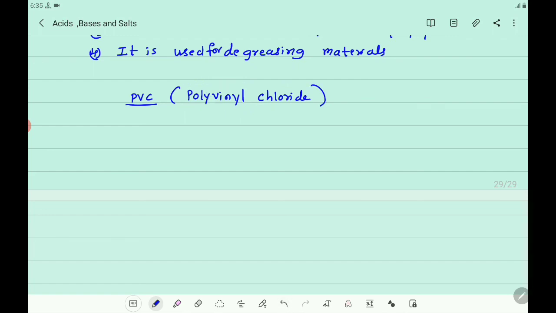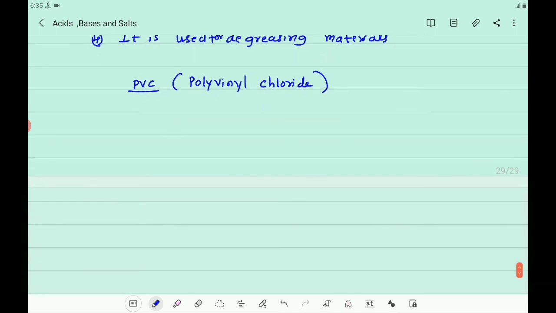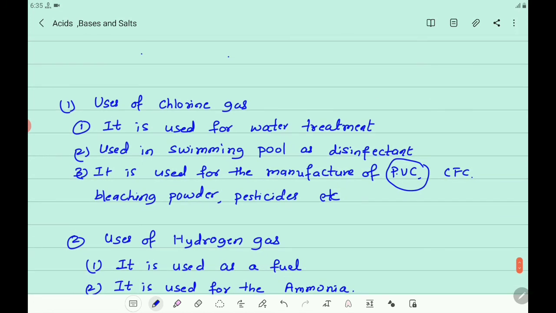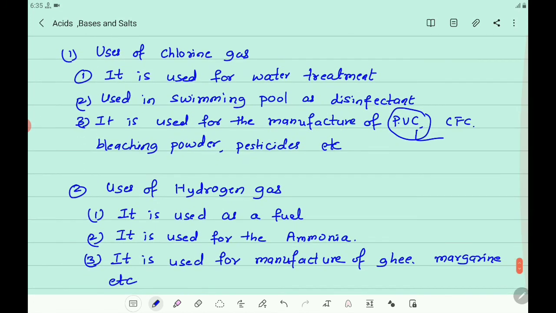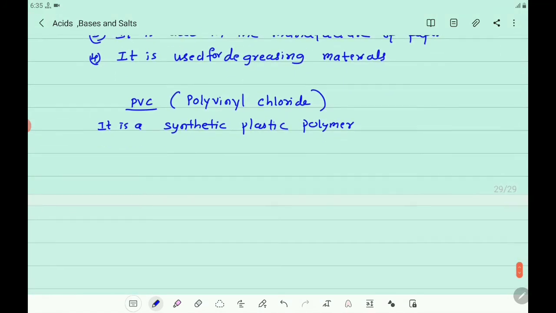Abbreviation of polyvinyl chloride, that is PVC, and it is a synthetic plastic polymer. So here to produce this, chlorine gas is used. Here you observe that is one of the uses of chlorine.